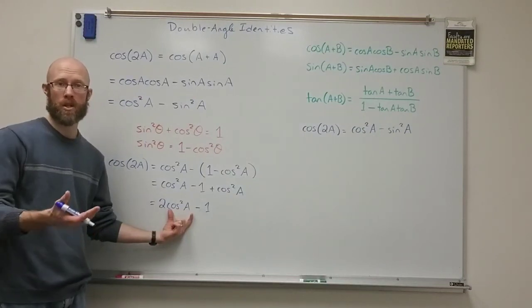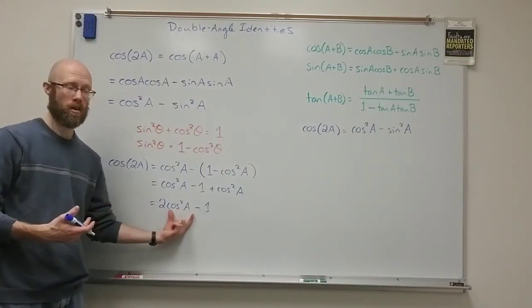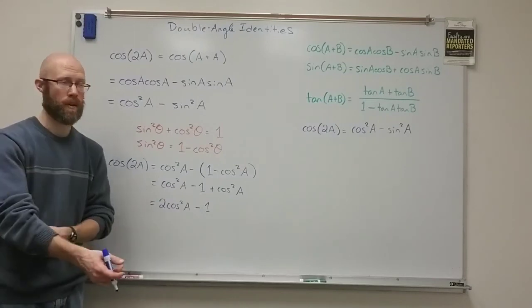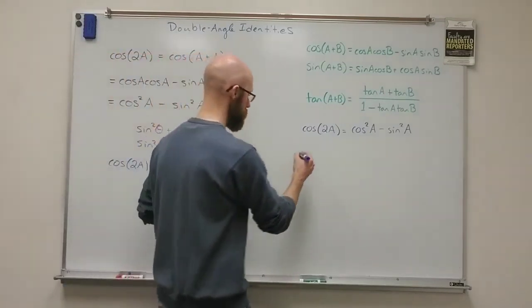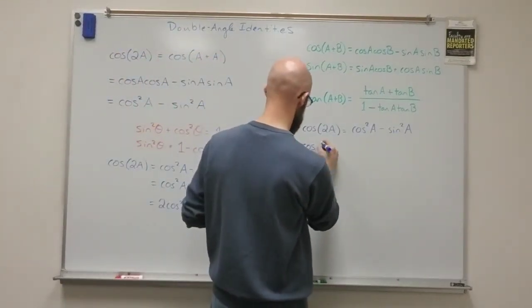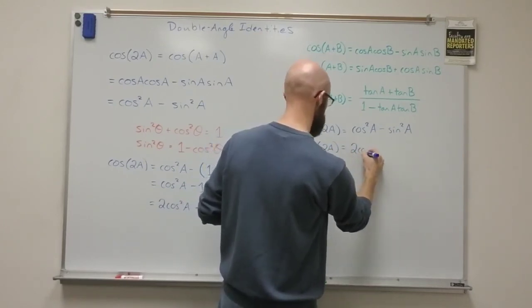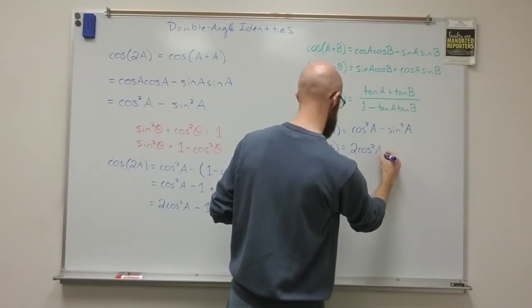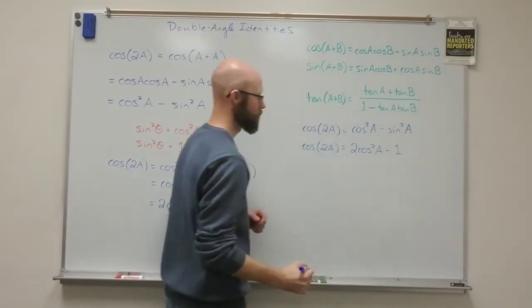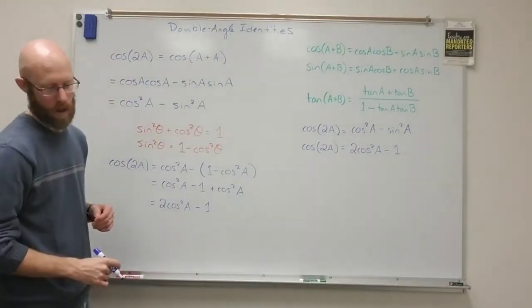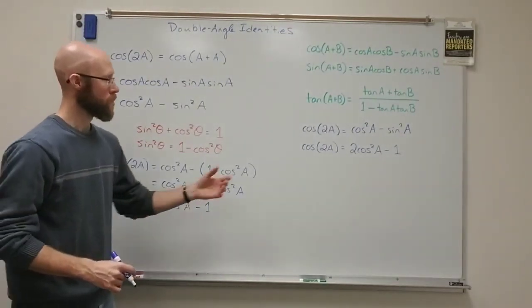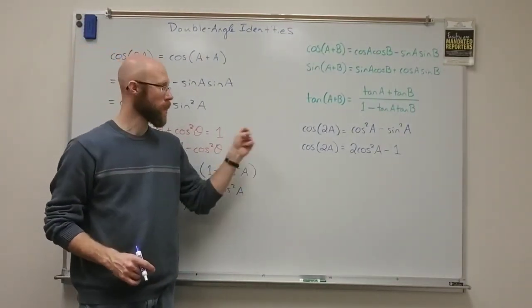So if we didn't know the sine, if we only knew the cosine, we could utilize this new formula. All right? So we'll put that up here as an additional formula for cosine of 2a. It is 2 cosine squared a minus 1. Right? Okay, so a second formula.